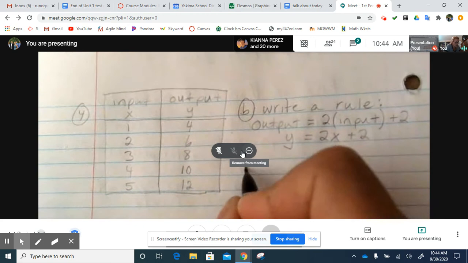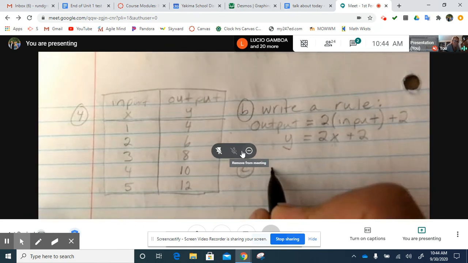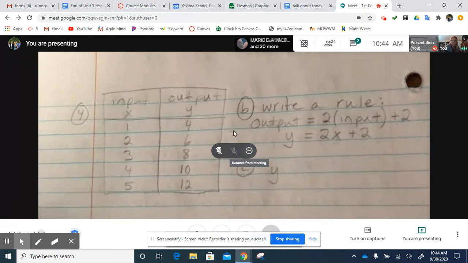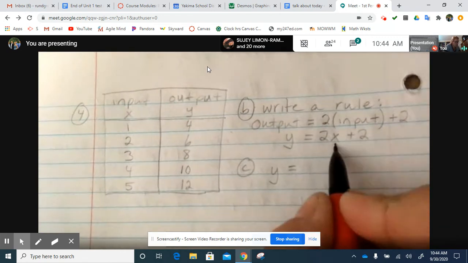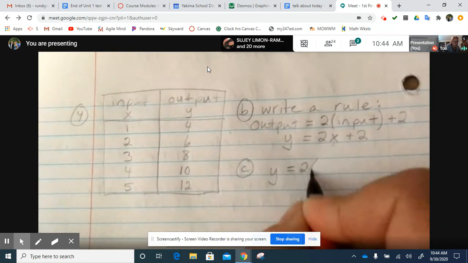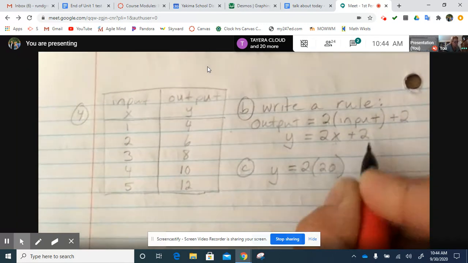So this was for C. So we're looking for the output. Output is y. Y equals, and we know the input is 20. So we're going to have 2 times 20, and then plus 2.